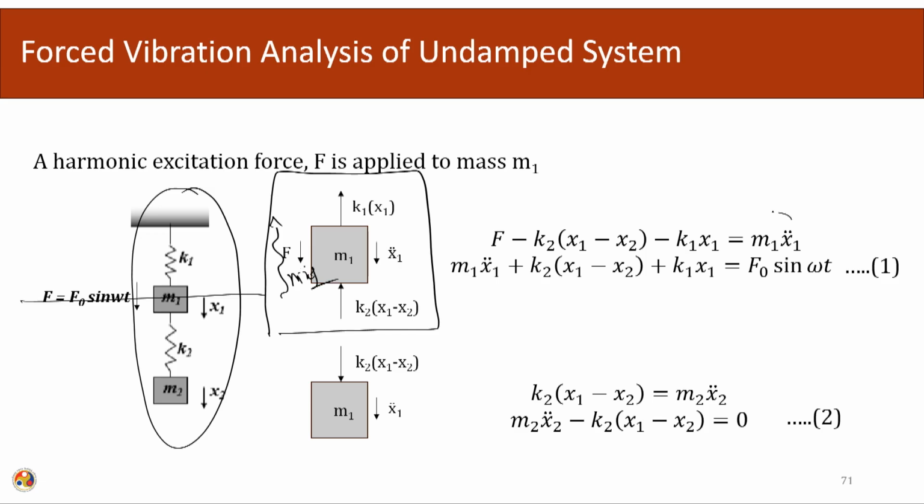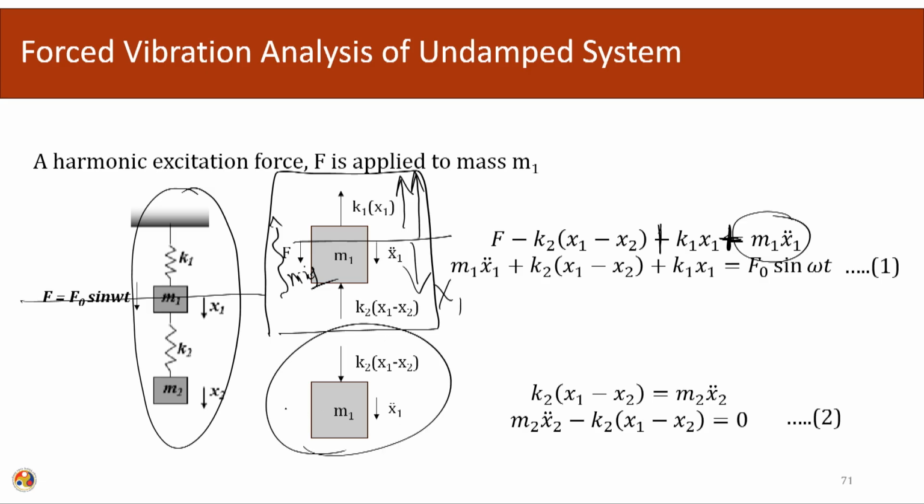Here, for m1 x1, the degree of freedom is in this direction, and the resistance due to this spring is in this particular direction. If we shift this, it becomes plus. For the second part, it is in the other direction, so m2 x2, and k2 moves a distance of x1 minus x2.